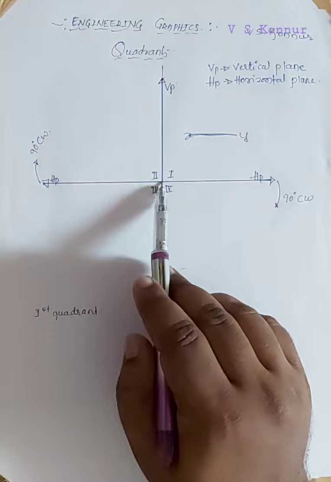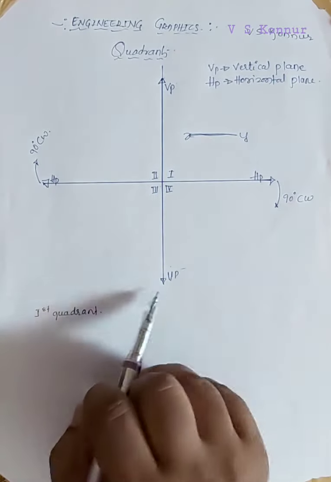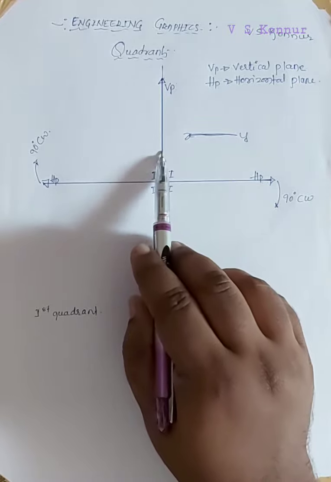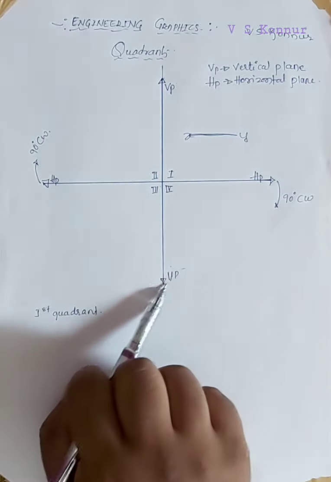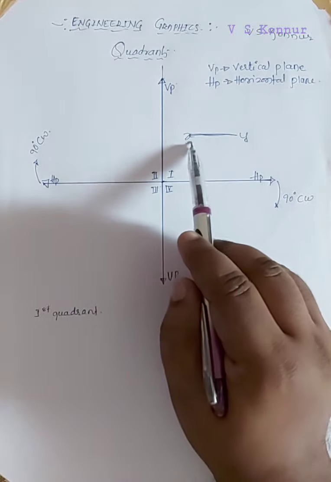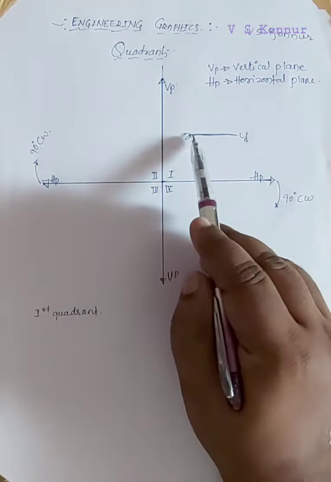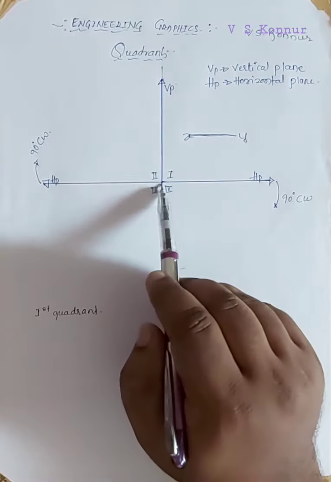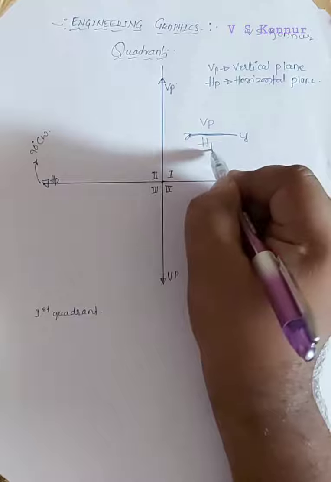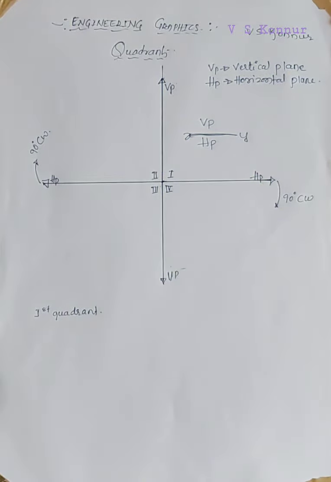Now HP is rotating below, VP retains as it is. VP is not rotating anyway, only HP is rotating clockwise 90 degree below. Now the intersection of these 2 planes is called as XY line. Just I have drawn for reference XY line. Now for this, VP remains above XY line, HP remains below XY line.